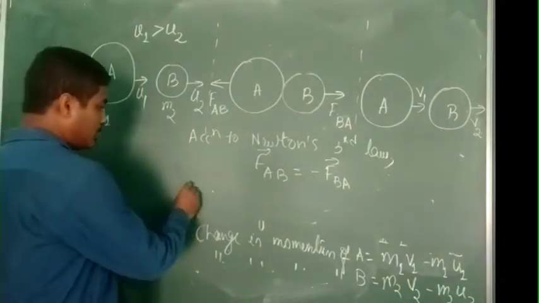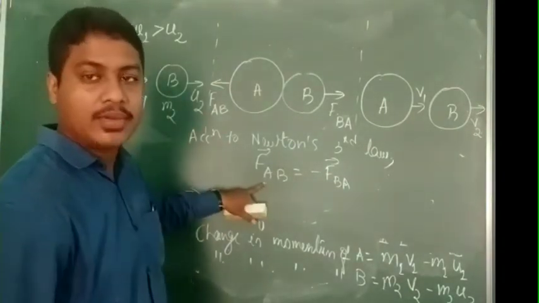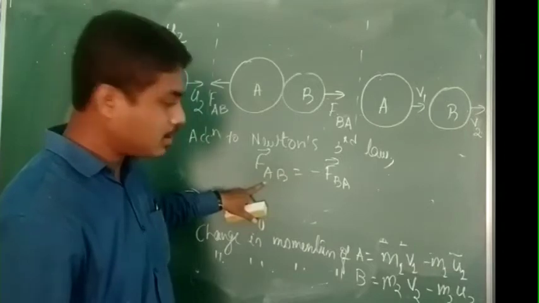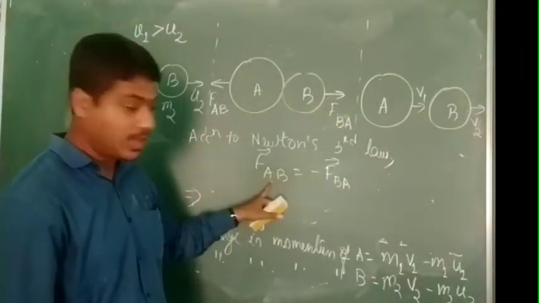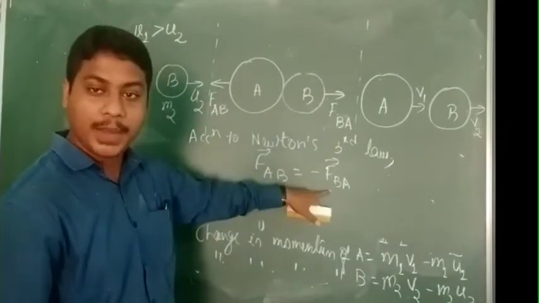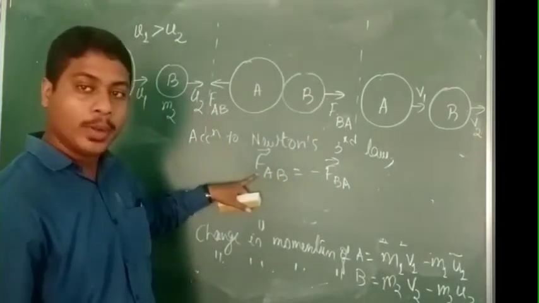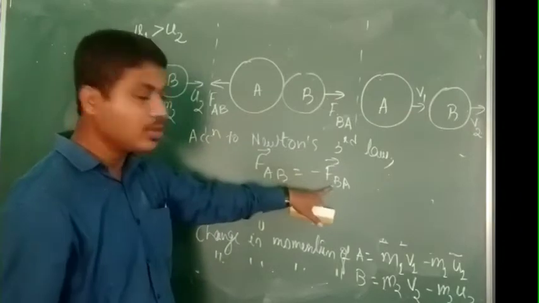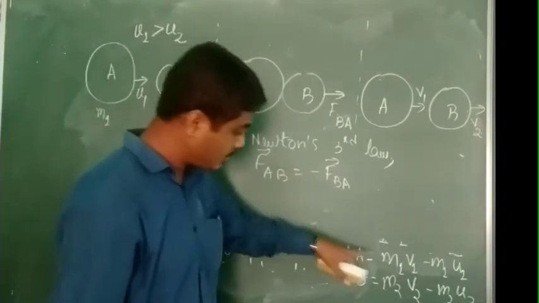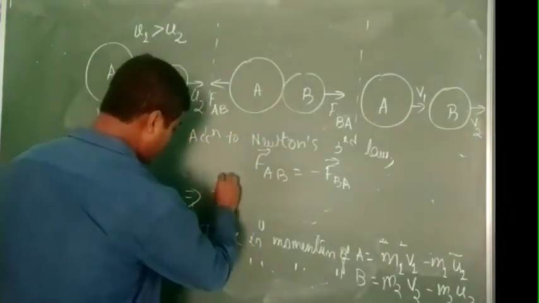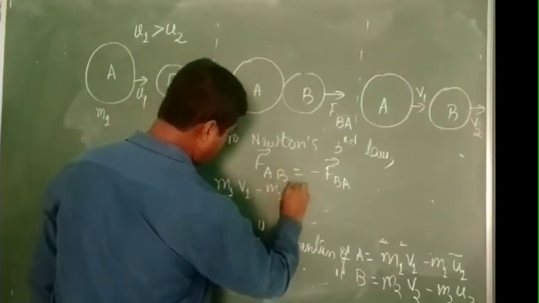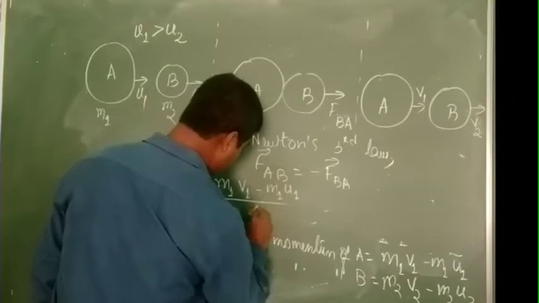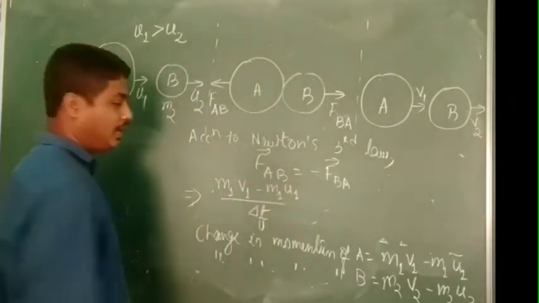And we know that force is the rate of change of momentum. This force is on the object A and this force is on the object B. So this will be the rate of change of momentum of object A and of object B. So I can write m1 v1 minus m1 u1 divided by the change in time, delta t.